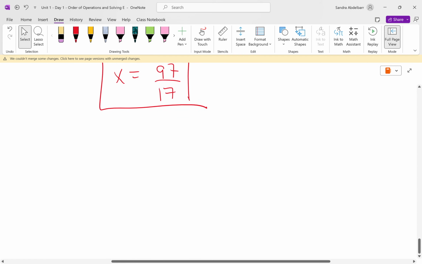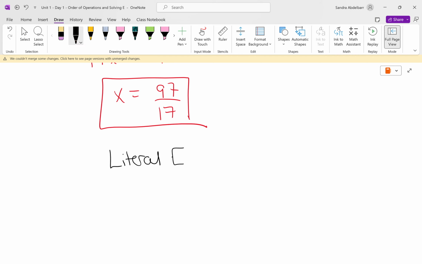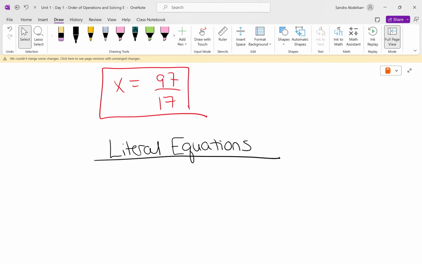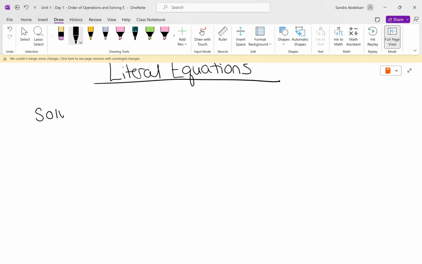Okay, very last thing I want to go over are literal equations. So here we're going to solve for y, starting off simple.